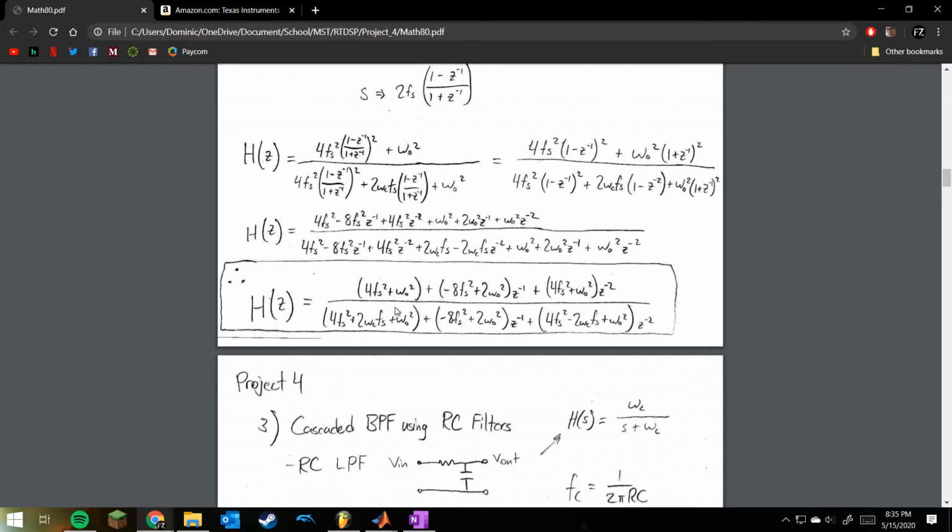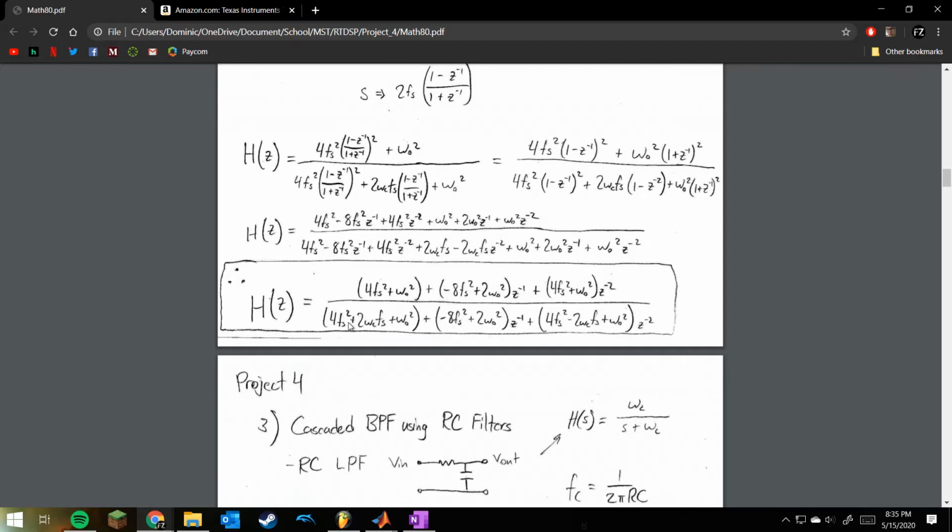And there's a trick here with this coefficient in the denominator. Typically we want this to be 1, because right now it's 4 times fs squared plus 2 times omega c times fs plus omega naught squared, and all of those are positive values that are like 1,000-ish, and so they're going to blow up, and this is going to be a huge number, and we're going to have huge coefficients all through our transfer function.